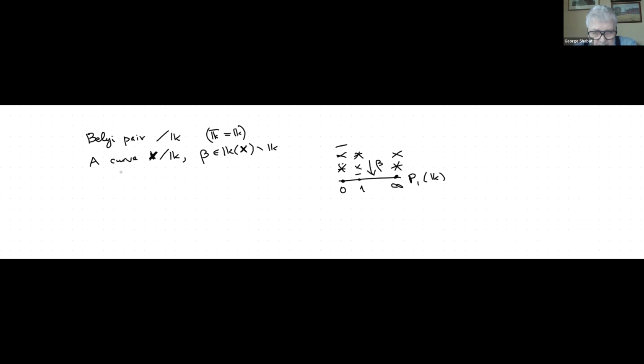So whenever the differential of beta in P is 0 or infinity, then it implies that the value of beta in P belongs to one of the 3 special values. This is the formal definition.